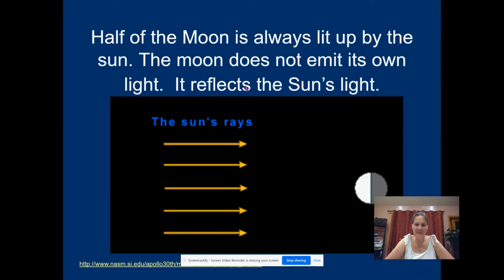It reflects the sun's light. So could you please write those two sentences in your notebook? Again, don't worry about the first sentence, but could you please copy the next two? The moon does not emit its own light. That means give off its own light like the sun does. It reflects the sun's light. Now again, if I'm going too fast, you can always hit pause.